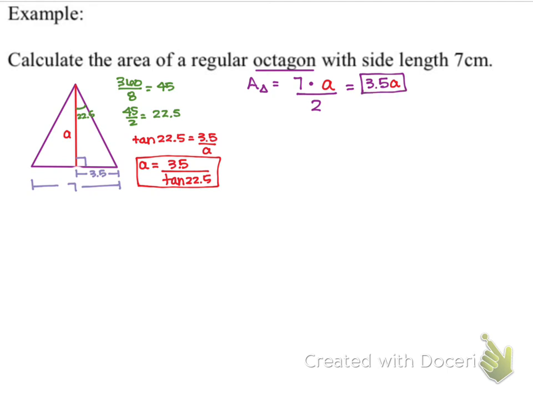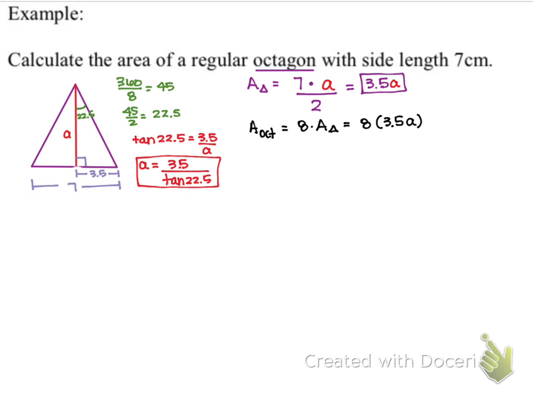This is an octagon, so that means that there are going to be 8 of these. So the area of the octagon is going to be 8 times the area of the triangle. So that's going to give me 8 times. I'm going to use parentheses here only because there's a decimal on the 3.5.